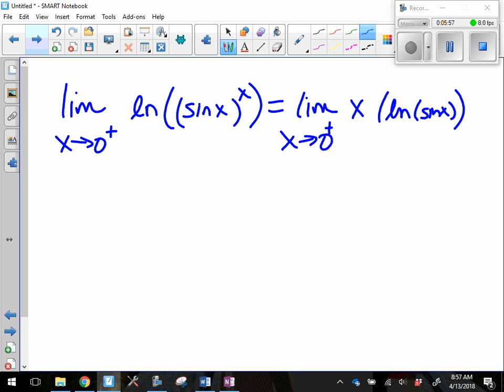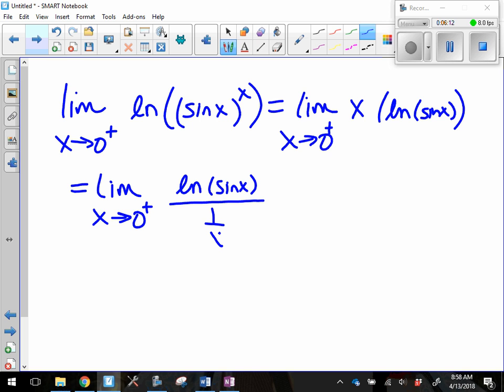Now, is that something over something? Not yet. So how do I need to rewrite it? Yeah, over 1 over x. That's just a standard old manipulation. We can do that.